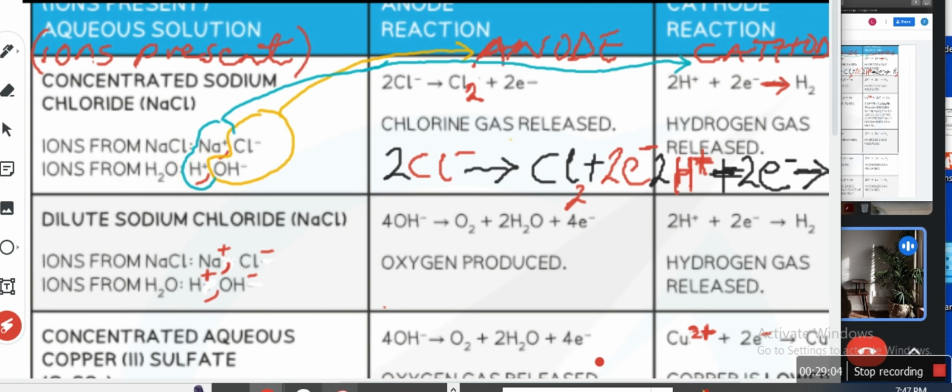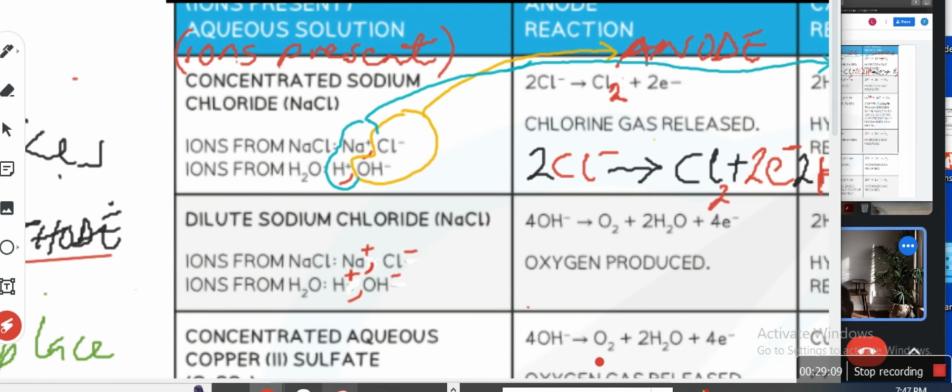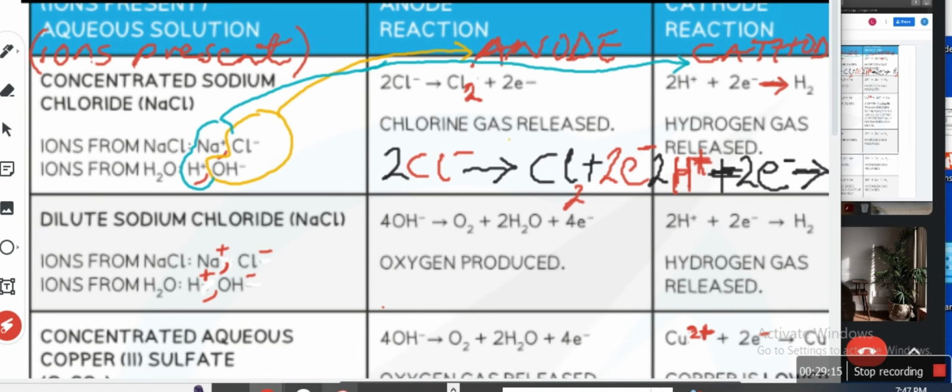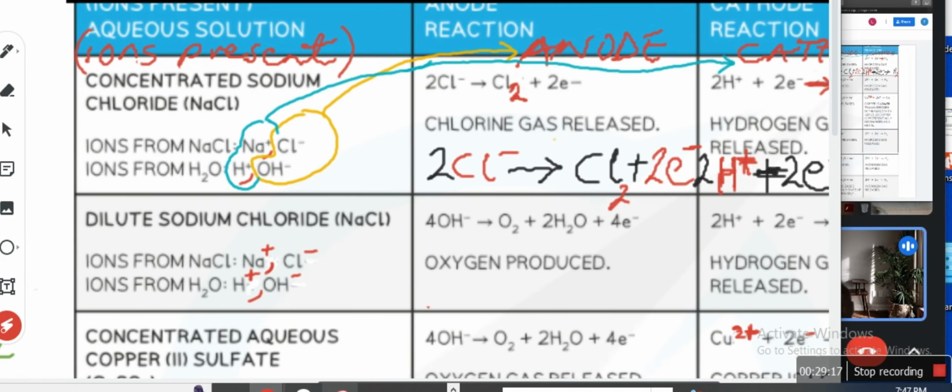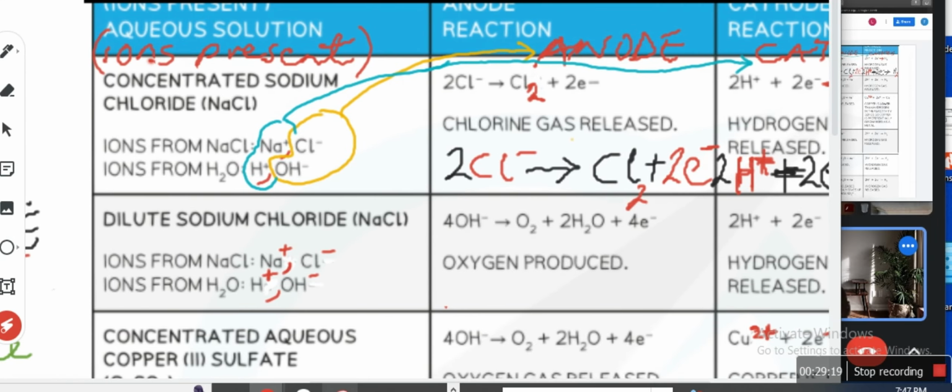Now there's also another factor. Another factor is concentration, the ones that are more in number. Like concentrated sodium chloride.